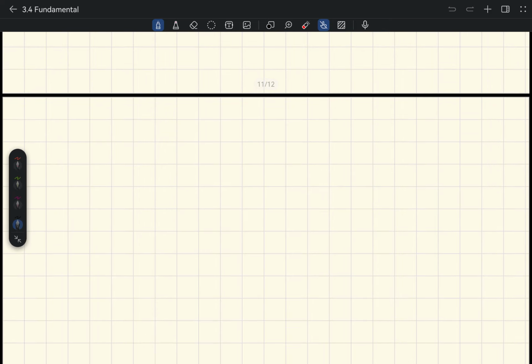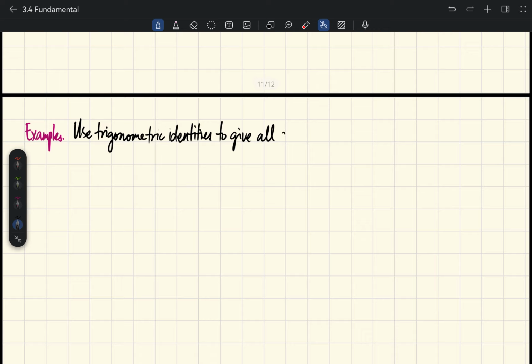For the next set of examples, what we will do here is use trigonometric identities to give all circular function values given the following.